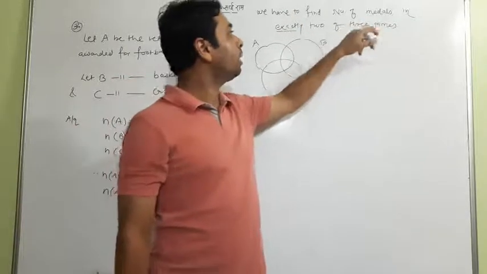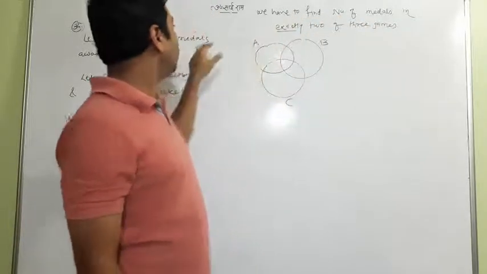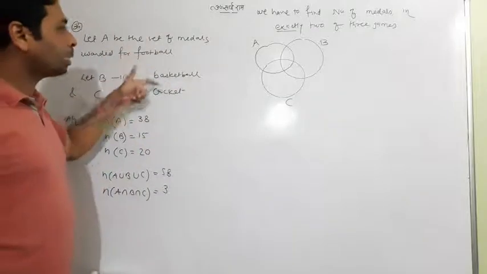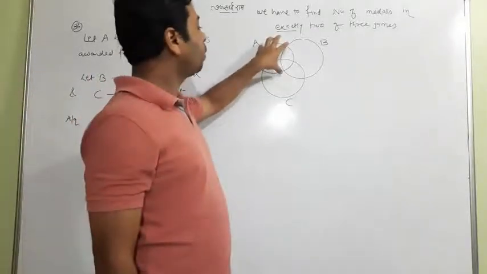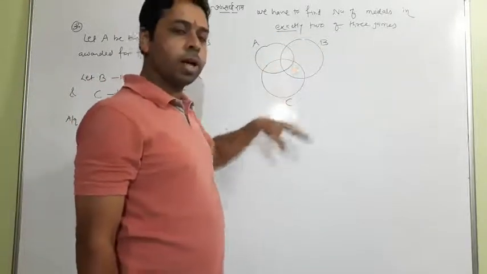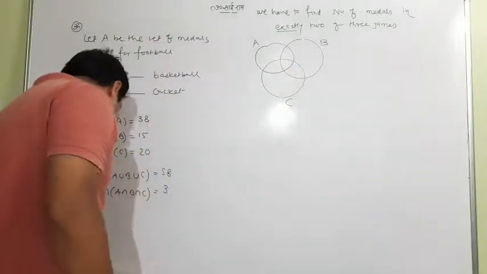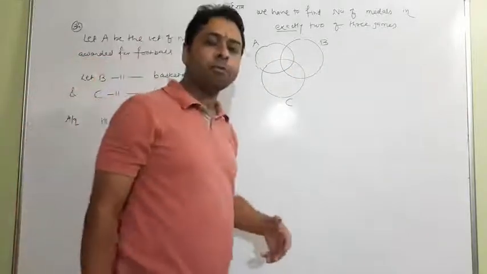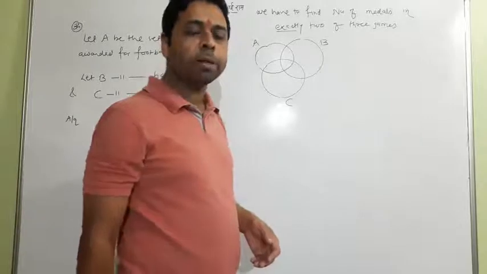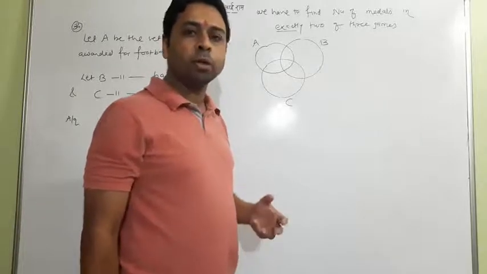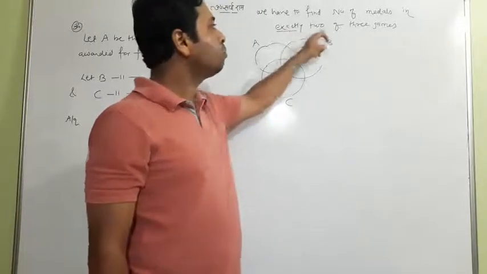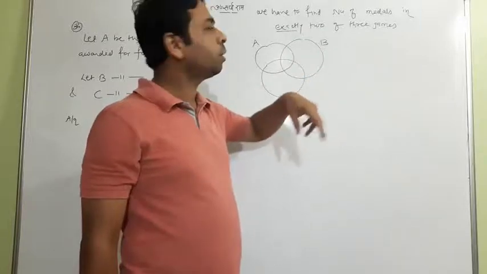We just have 3 games: football, basketball, and cricket. The question says how many received medals, meaning we have to find the number of players who got a medal in exactly 2 of these 3 games.